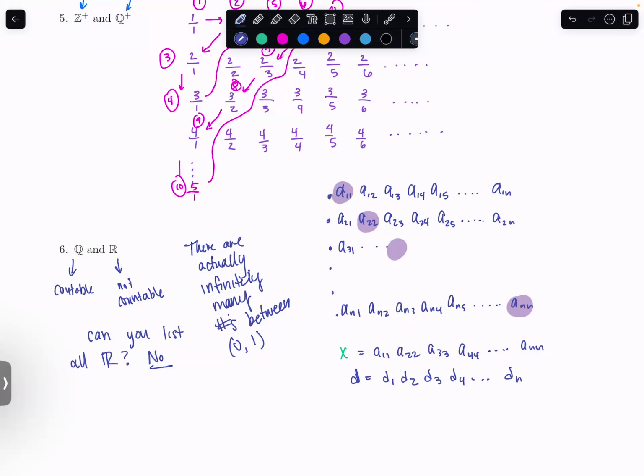And we are basically coming up with a number that hasn't been listed already. So in this thing, DN is going to be 1 if ANN is not 1, and it's going to be 2 if ANN is 1.